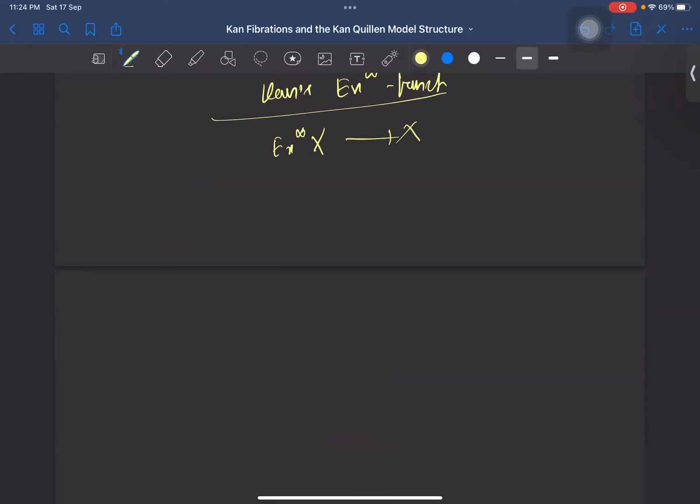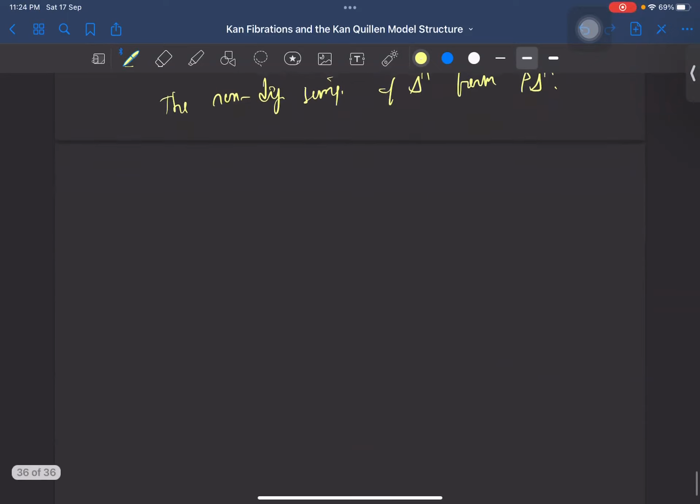So let me get to business. The non-degenerate simplices of this form a poset that I denote by this, with the obvious order relation that I'm not getting into.